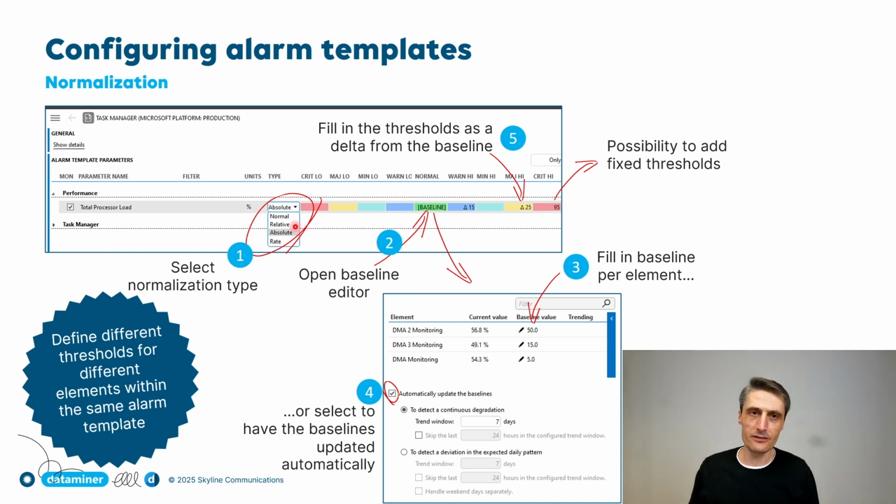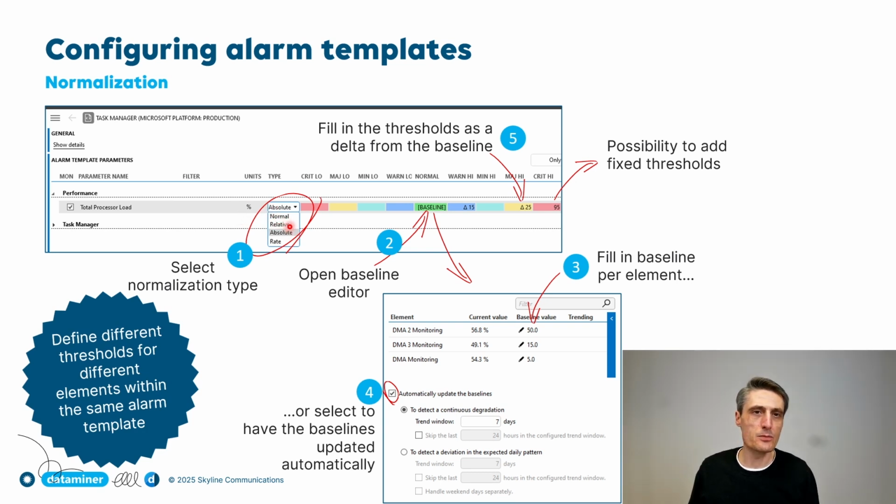If you go for relative, then your delta is defined in a percentage. If you go for absolute, then your delta is defined in the units that are specific for your parameter. In this case, it's a bad example because it's percentage again, but we'll take a look at the UI as well.